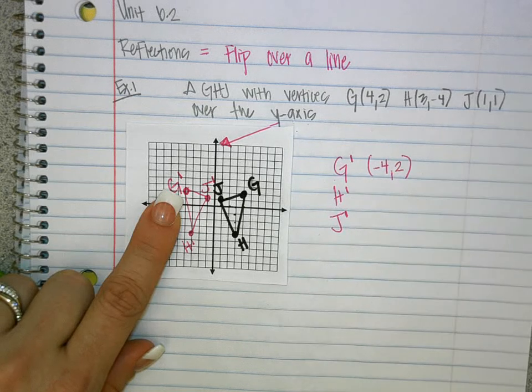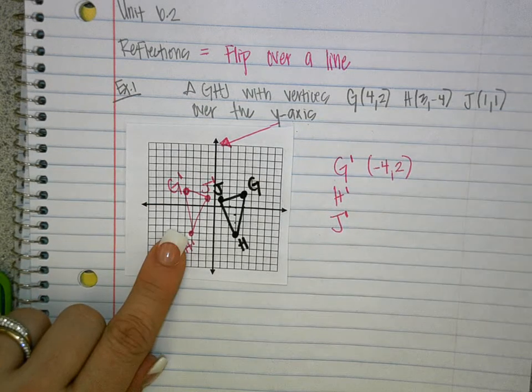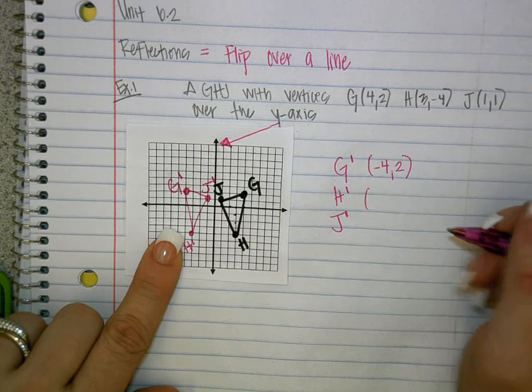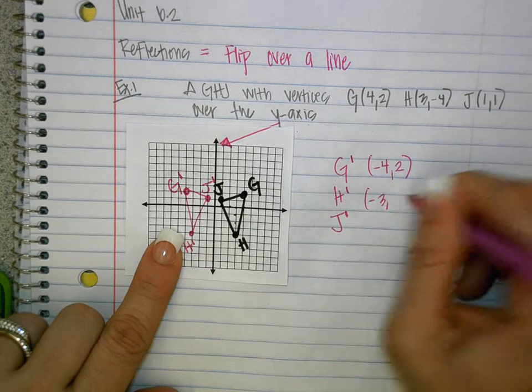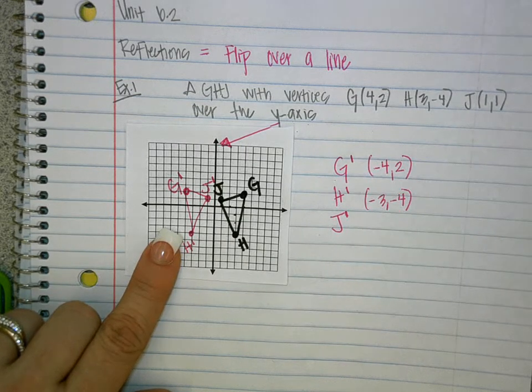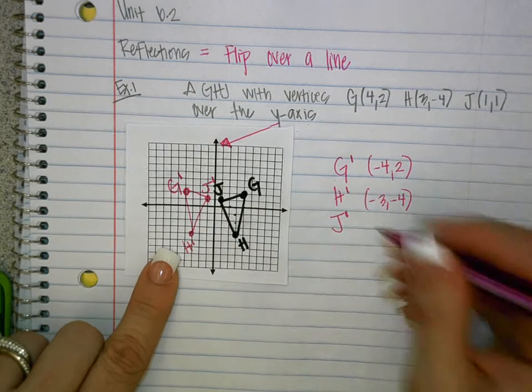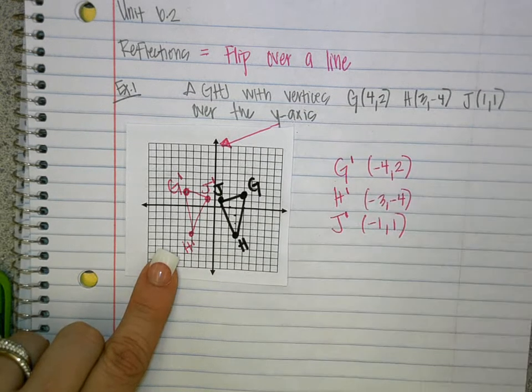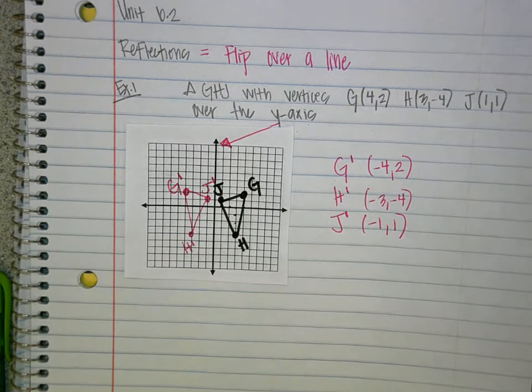What's the coordinate for H prime? -3, -4. And then what's the coordinate for J prime? -1, 1.